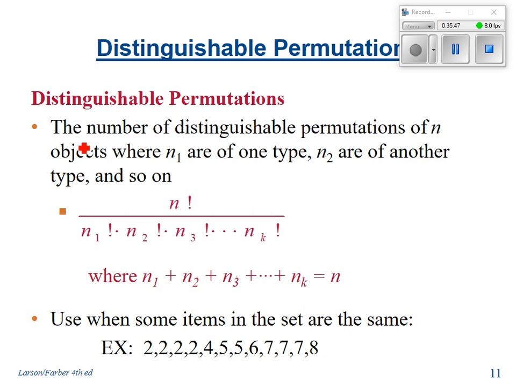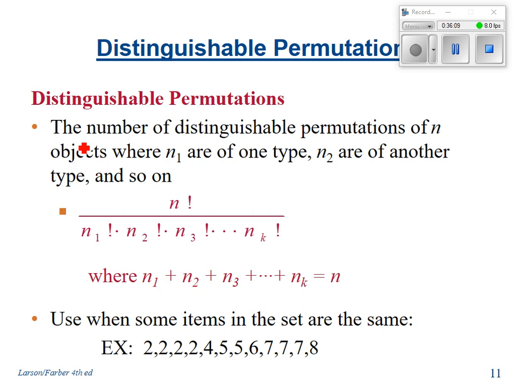To find those, this is the formula we use. How many total letters do we have? 8. So 8 factorial. And then what you do is you take each one of them and you decide how many of them you have of that certain item or that certain letter in this case. So how many G's do we have?